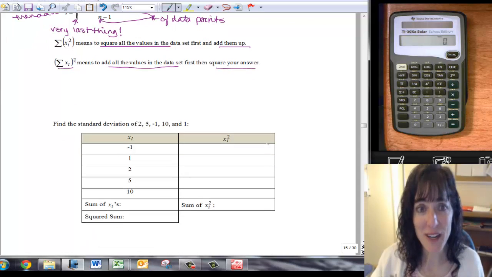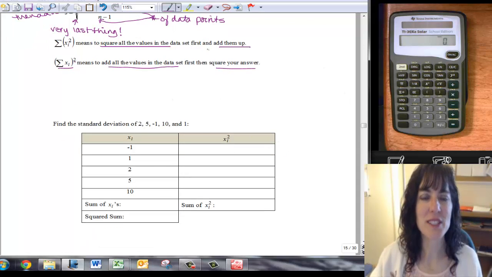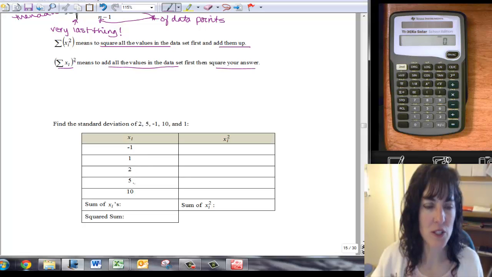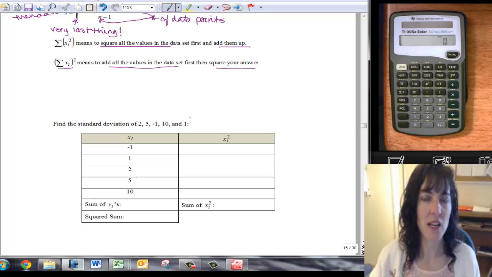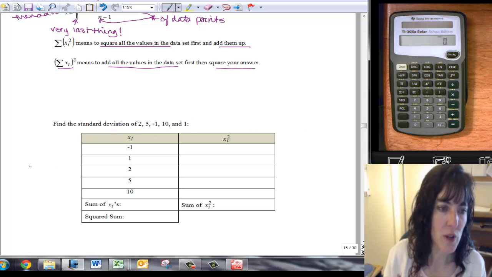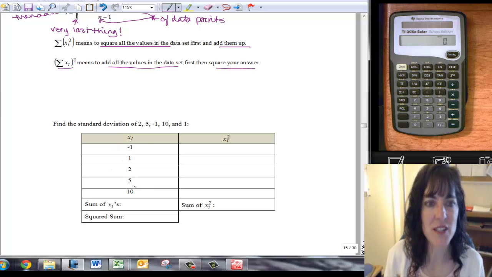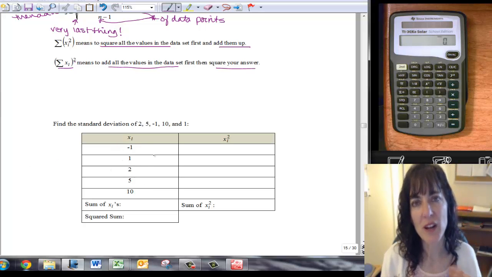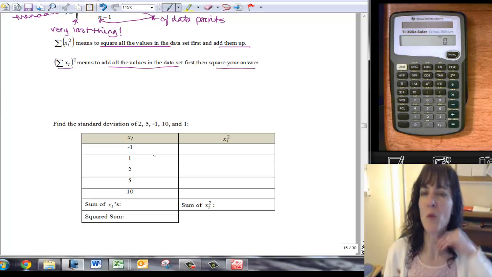Here's an easy way to do it: we use this nice little chart that we've come up with, and we put all our data values in. I actually ordered them on this chart: -1, 1, 2, 5, and 10, but they are the same numbers as we had in our data set. It doesn't matter if you order them or not. If you want to, you can. We can find out what our range is by having them ordered, and we can find our median if we have them ordered.